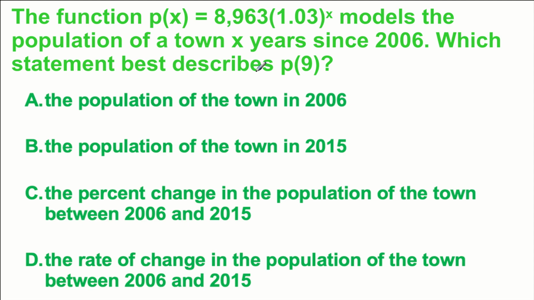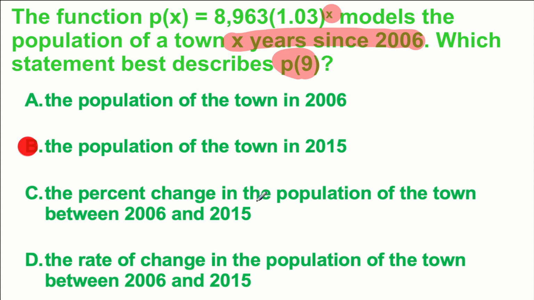All right, so if we've got P of 9, that means 9 is going in for X. X is the number of years since 2006. So 9 years later is making 2015. So what that gives us when we put it in is our population of the town in 2015.